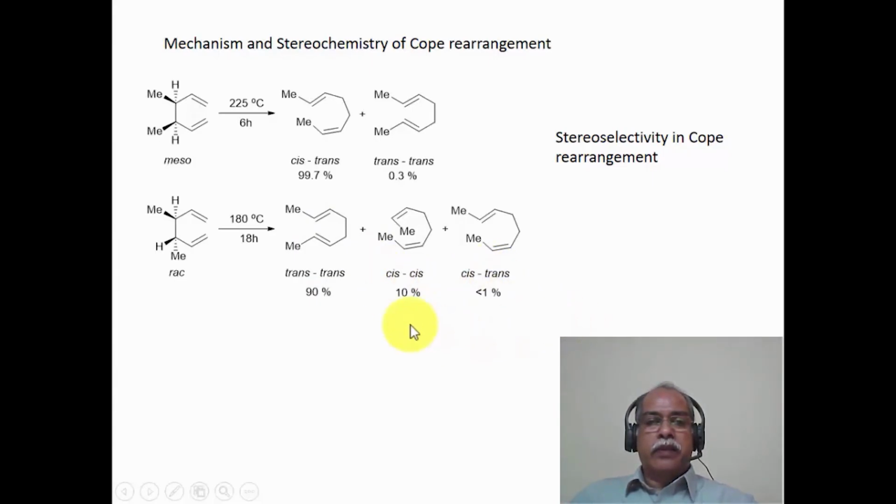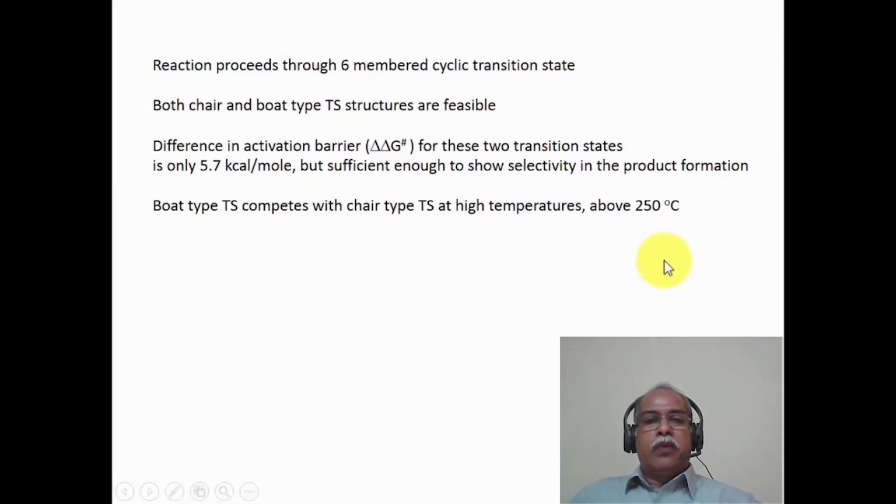How do we explain the stereoselectivity of the product that is being formed? This is by invoking the chair type of transition state in all these cases. The reaction proceeds through a 6-membered cyclic transition state. Both chair and boat type transition states are possible. The difference in the activation barrier between the two transition states is about 5.7 kilocalories per mole. This is sufficient to show a selectivity in the product formation.